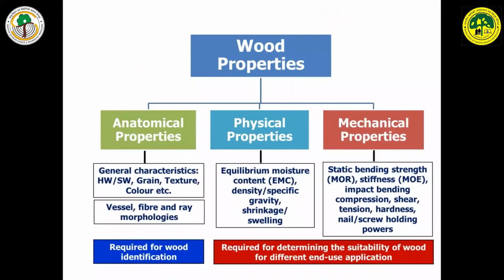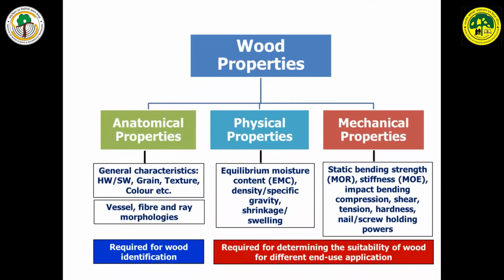Just listed here are the main properties: anatomical properties, physical properties, and mechanical properties. Anatomical properties include structure, the general characteristics of the wood, the percentage of heartwood and sapwood, the grain, the texture, and the color of the heartwood and sapwood.